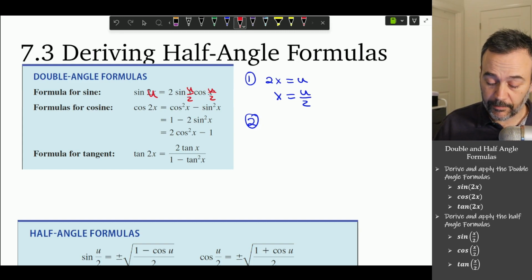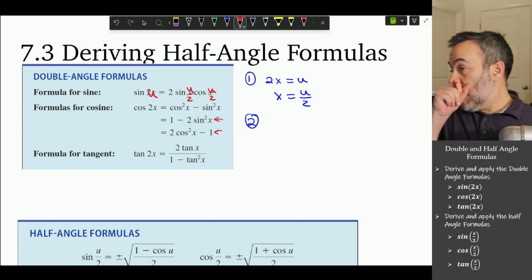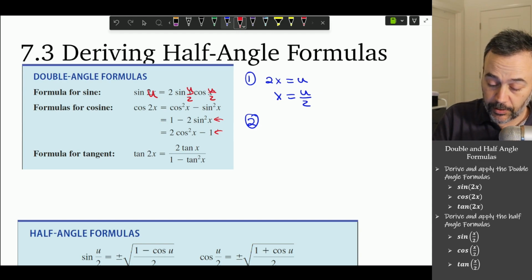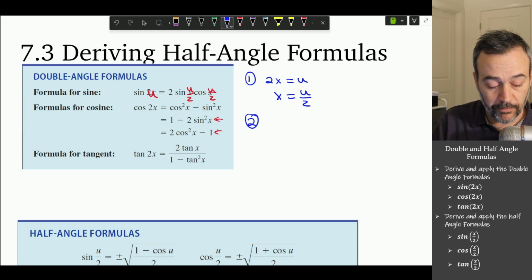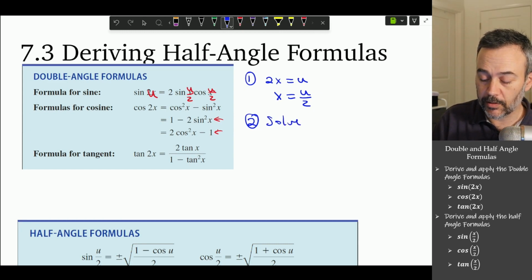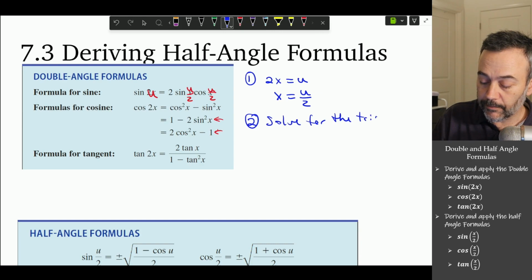The ones we'll really use are these two especially, and the one for cosine. And then step 2 will be to solve for whatever trig function you want, once we do the substitution.